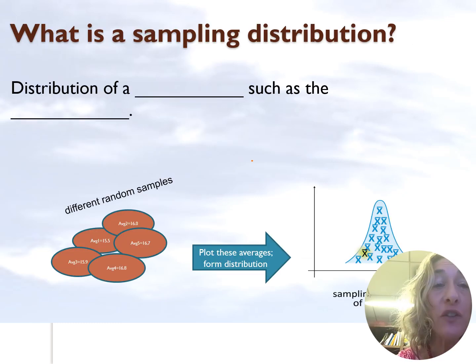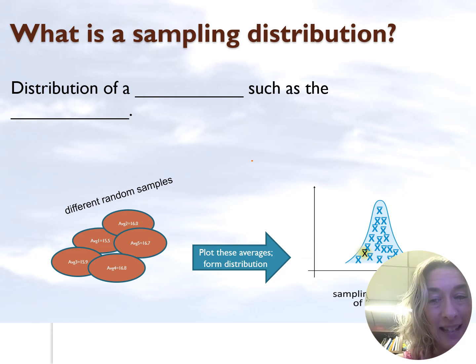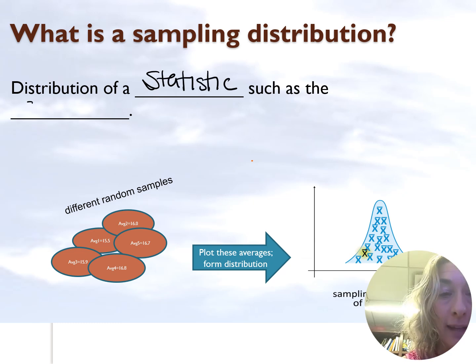Okay, so first let's quickly review what is a sampling distribution. A sampling distribution is the distribution of a statistic such as the sample average.